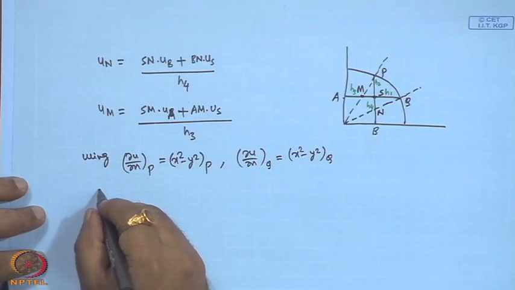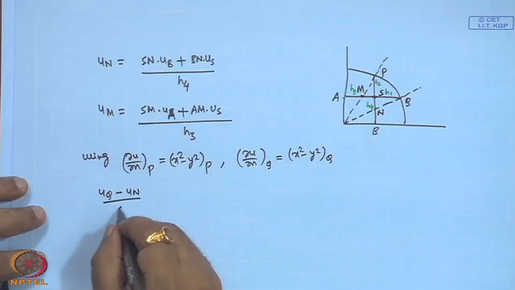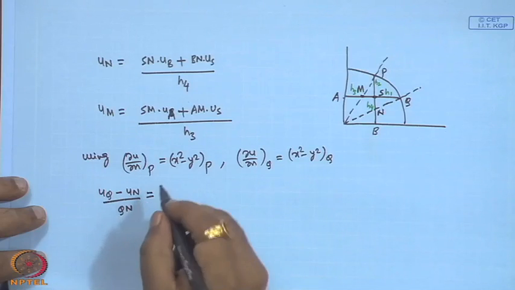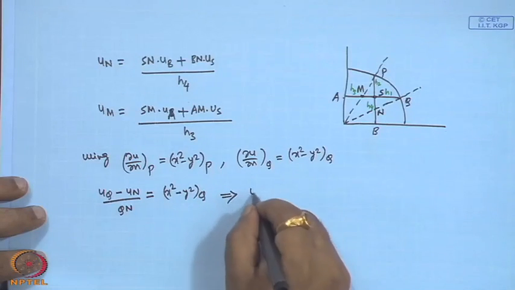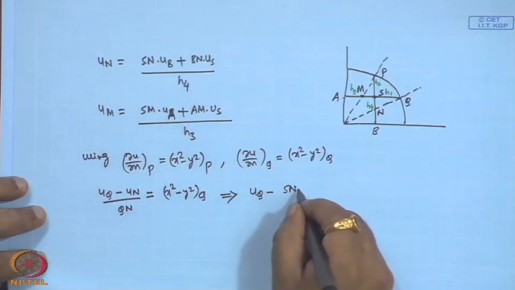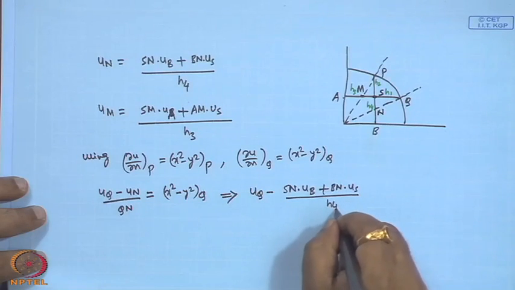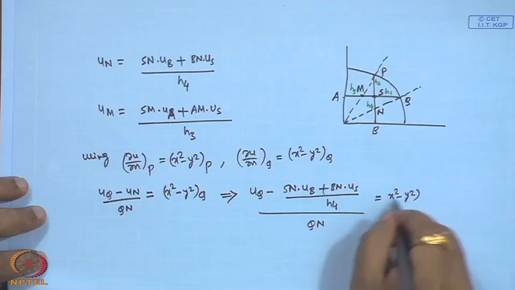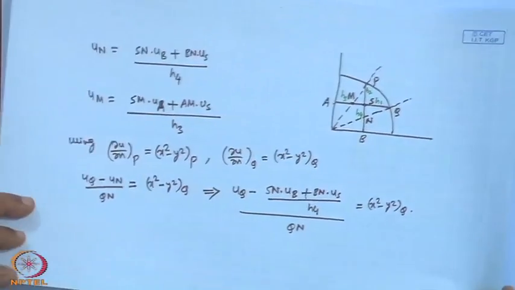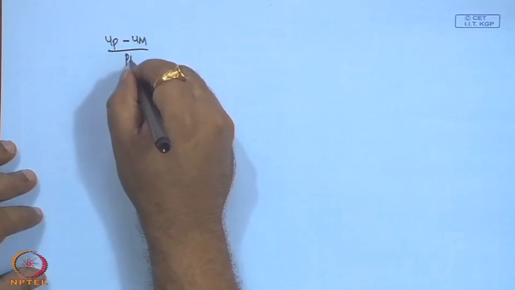So, combining, (u_Q minus u_N) by QN equals x square minus y square at Q. So, this implies u_Q minus u_N, which we have computed, at Q. Similarly, we get (u_P minus u_M) by PM.